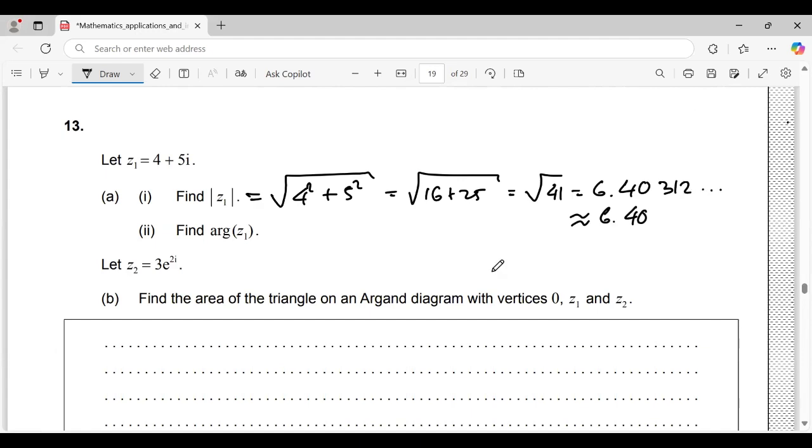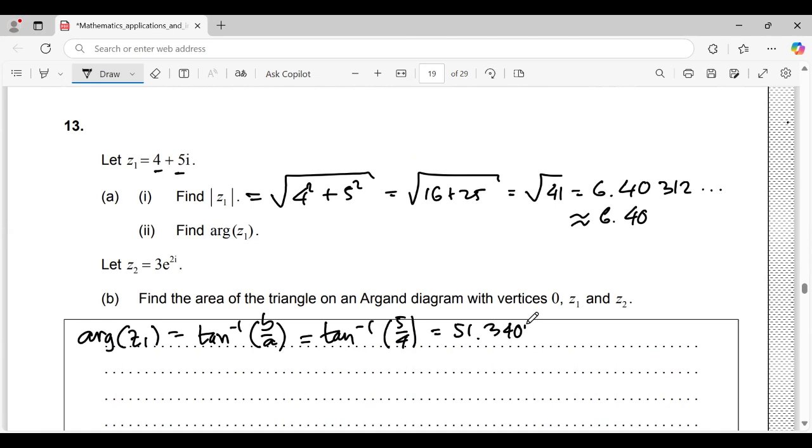Find argument Z1. We can determine argument Z1 through arctangent, tangent to the power of minus 1 of b over a. This is a, this is b, the real part and imaginary part. So it becomes tangent to the power of minus 1 of 5 over 4, which is 51.3402.